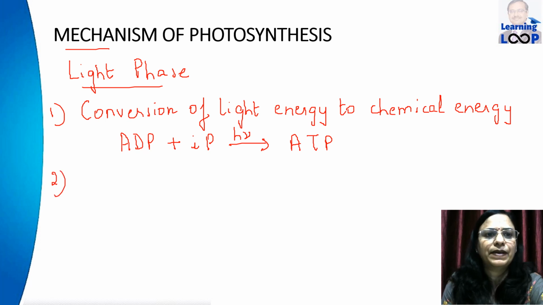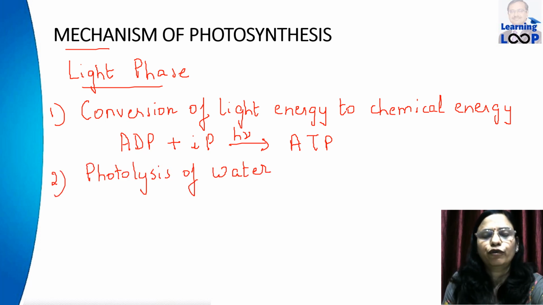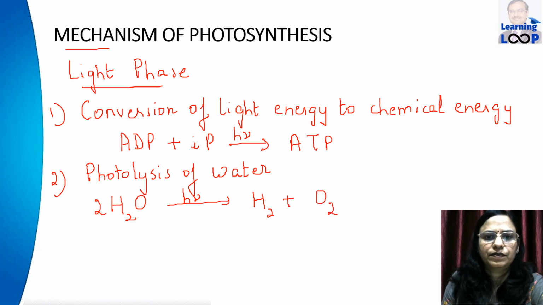The second step is photolysis of water. That means breaking down of the water molecule in the presence of sunlight to form hydrogen and oxygen. So this is the second step involved in the light phase.